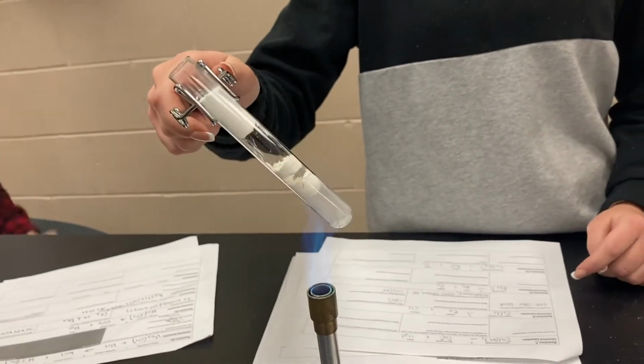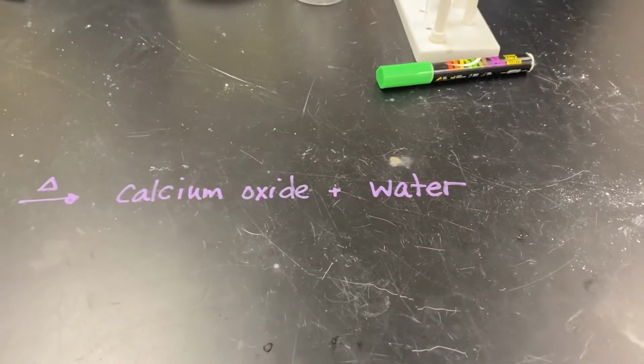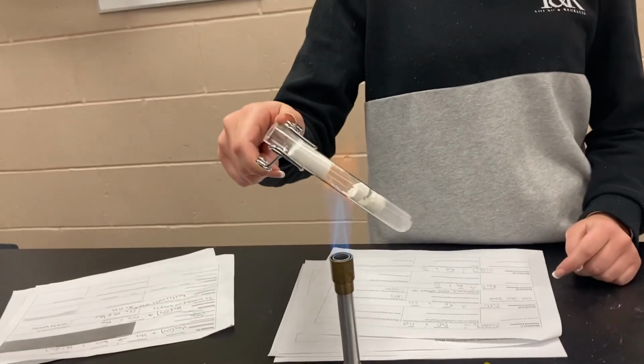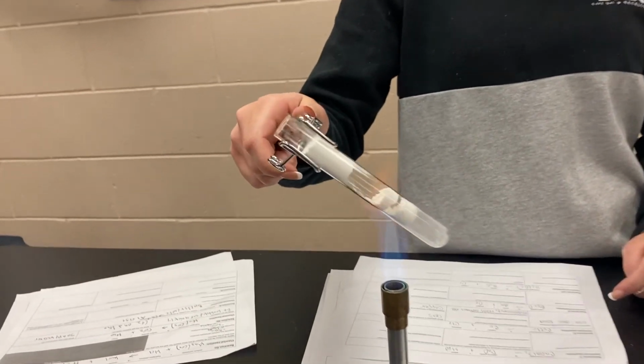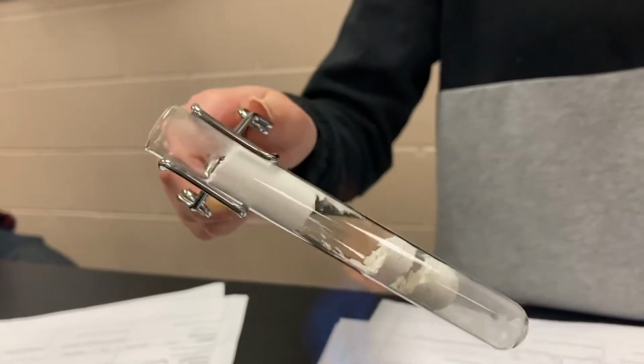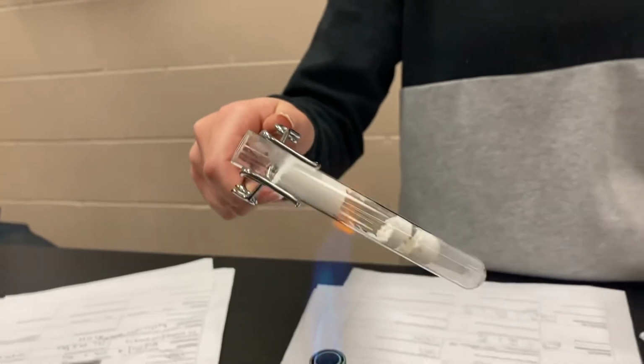And the two products in this reaction are calcium oxide and water. One of the questions that you have to answer in this lab asks you what the substance is that's making it. You can really see the condensation now at the mouth of the test tube.